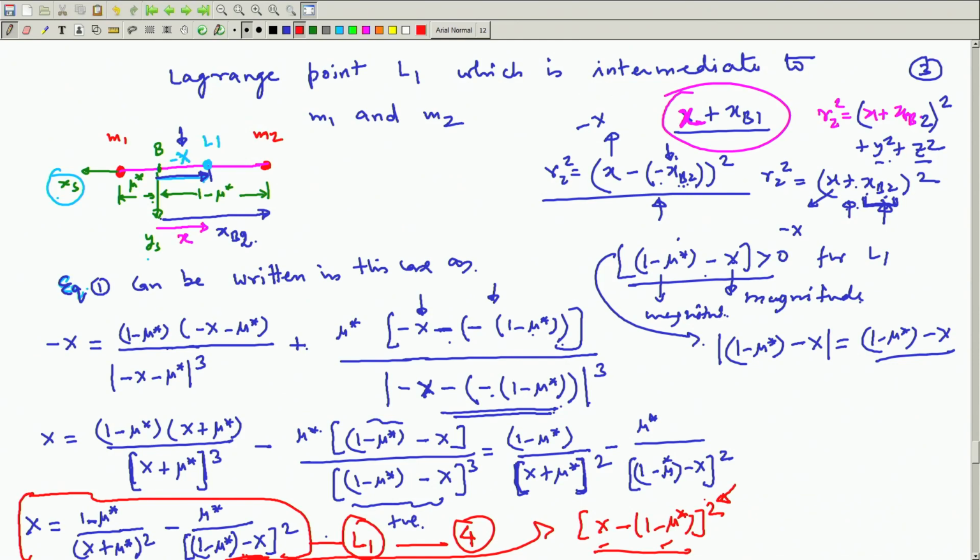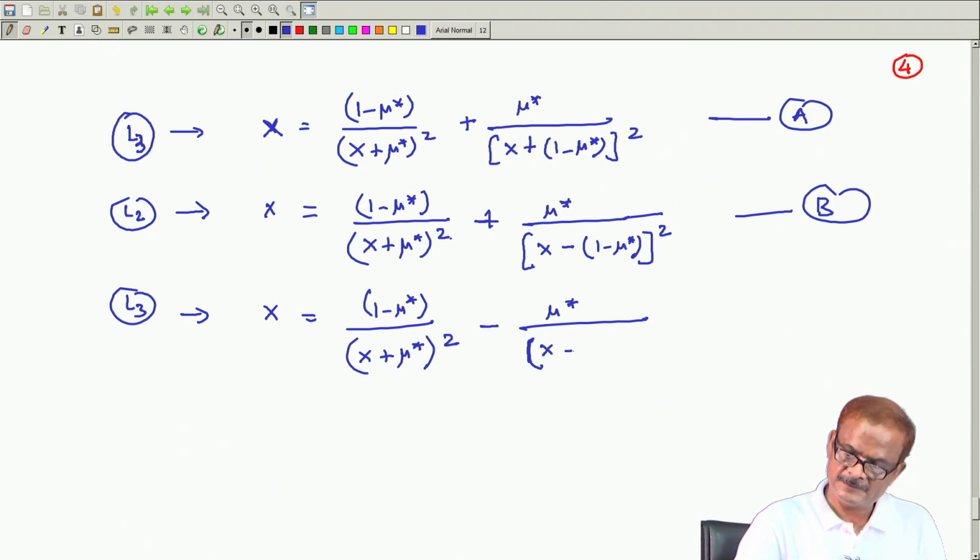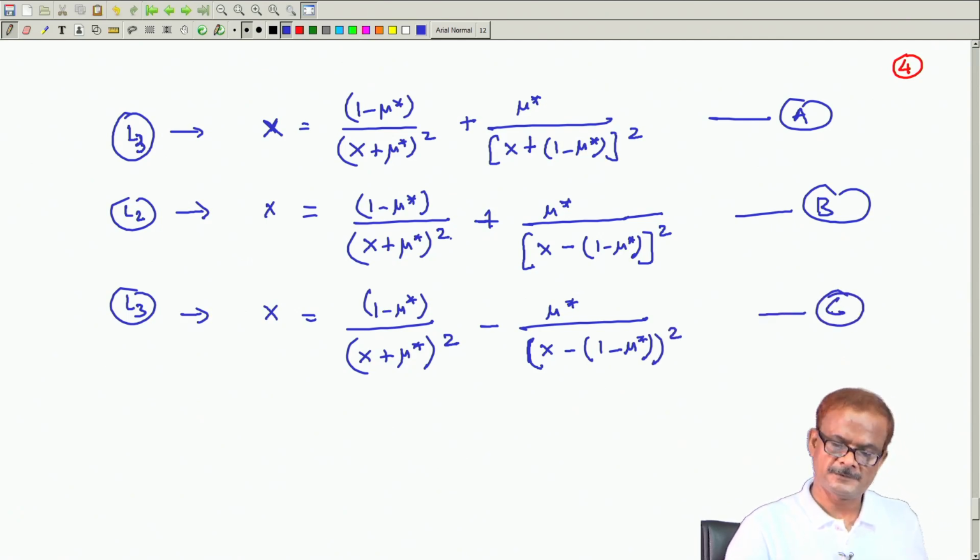Squared means, whichever way it is written, it will become positive. So, it does not matter in that case and therefore, we will rewrite in that format. So, this becomes x minus 1 minus mu star whole square, this is equation C.